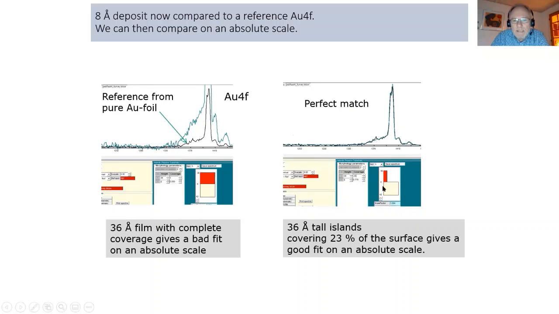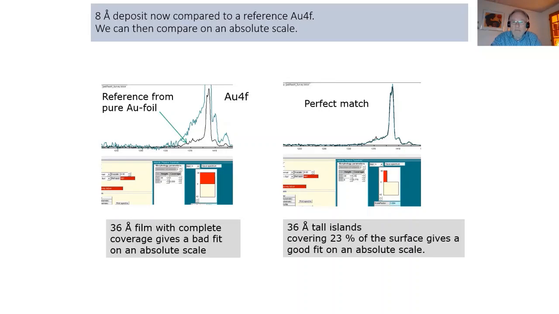And that's because the concentration is much smaller, and this corresponds to an island. So when we change to an island structure here, we get a very good agreement with the reference spectrum with 36 angstroms tall islands and a coverage of 23%.